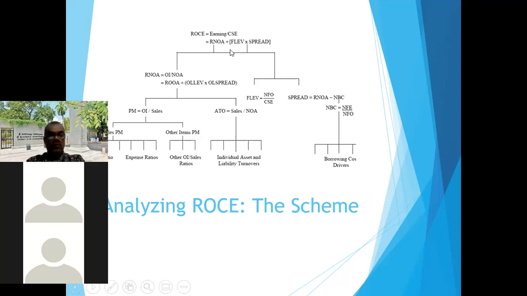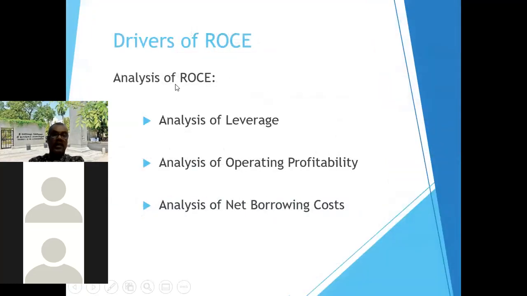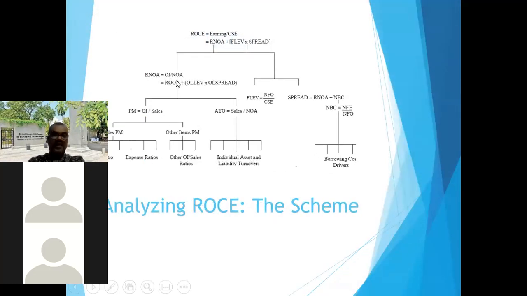Then we will move on to the second level. Second layer, in the sense, it becomes the first decomposition. This is the top, then the second decomposition. The return on net operating assets is decomposed into return on operating assets.